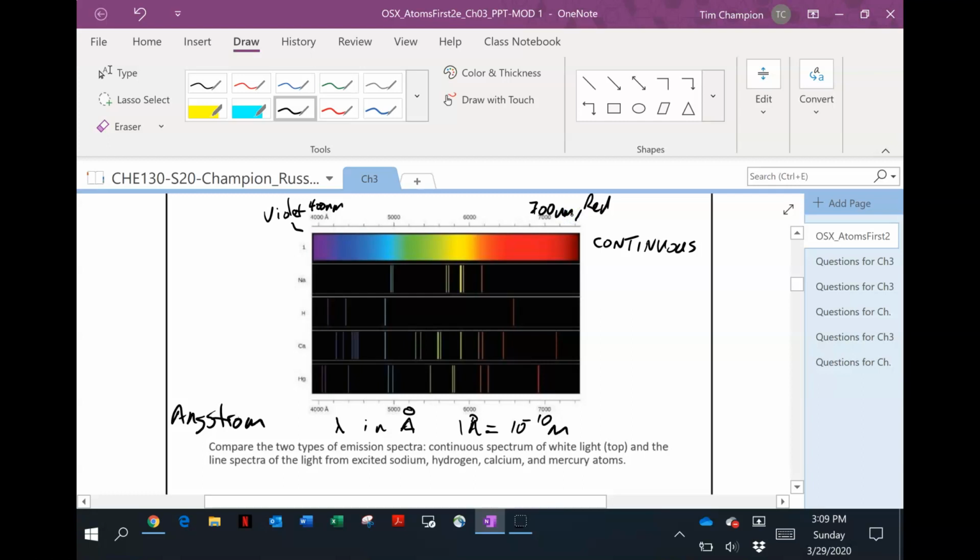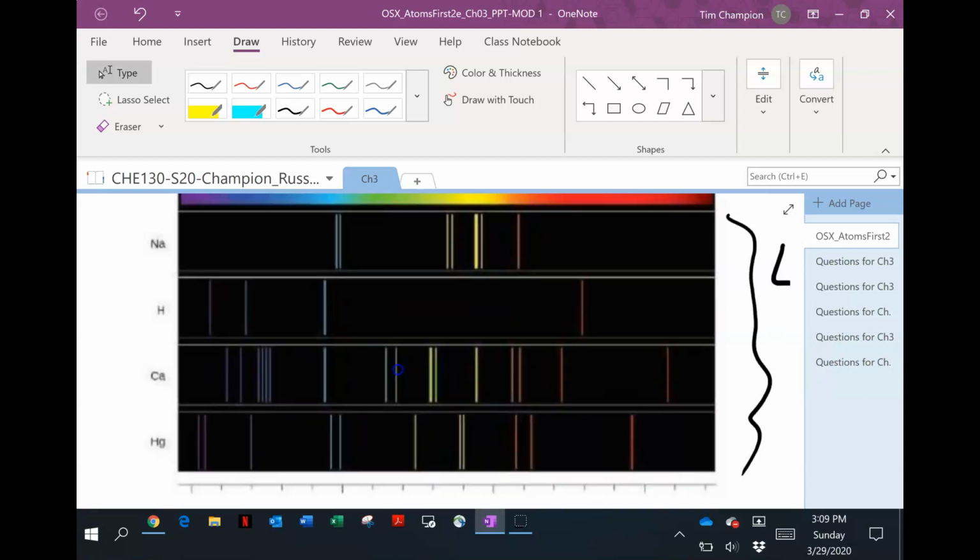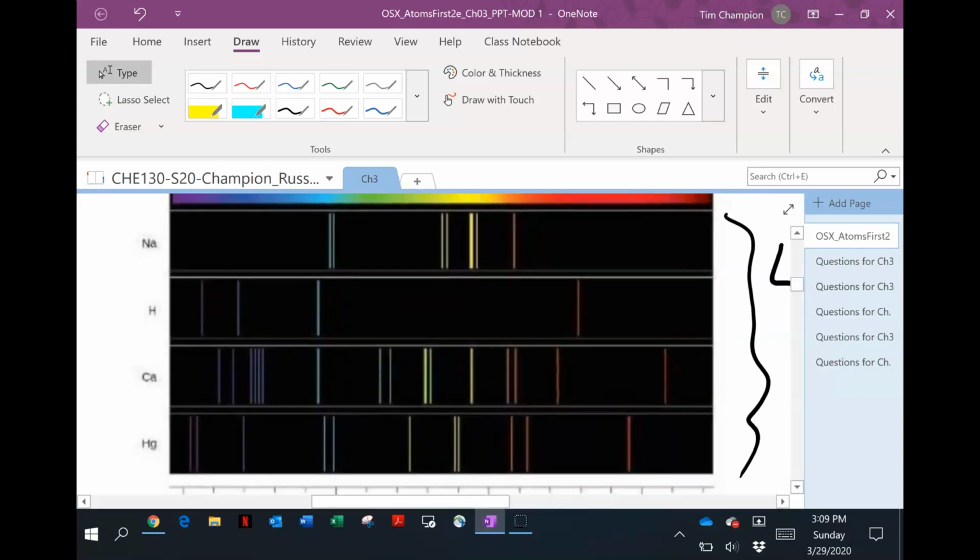Now, these other spectra here are called line spectra. And as you see, they're dark except for a few individual lines. And if I blow it up even more, looking at that hydrogen spectrum there, you see maybe 4 lines in hydrogen, each at a single wavelength value. There might be a couple of closely stacked lines, but I think it's 4.